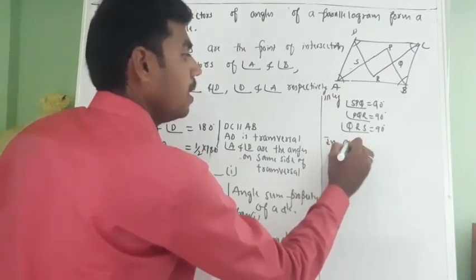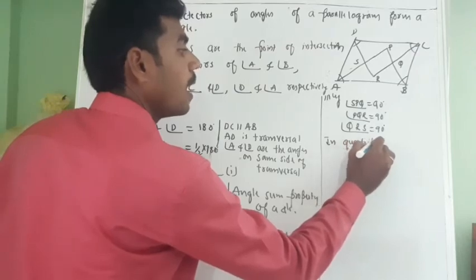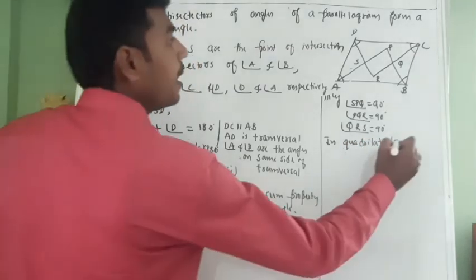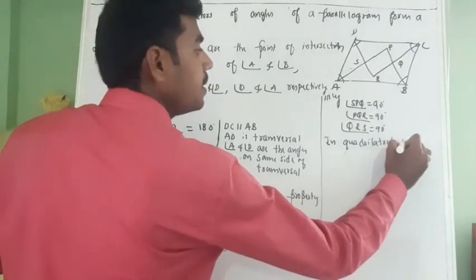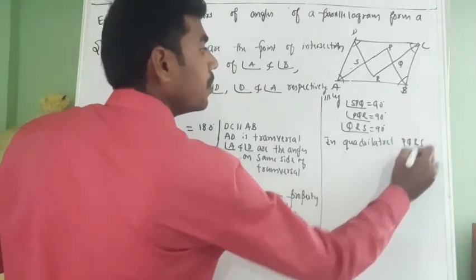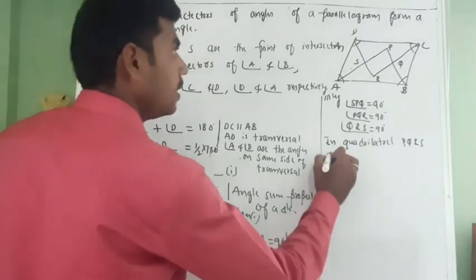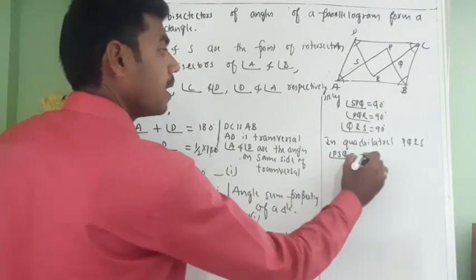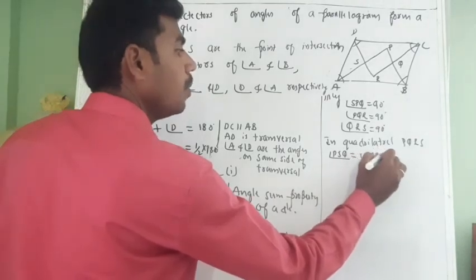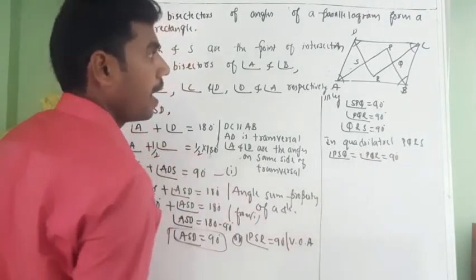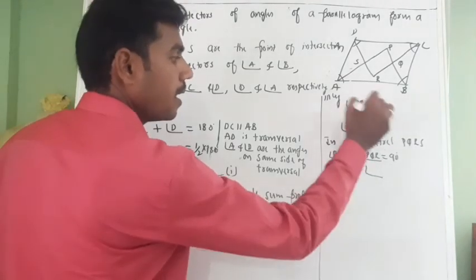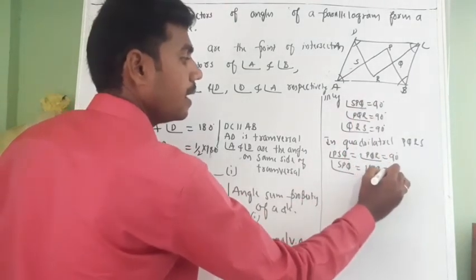In quadrilateral PQRS, angle PSR is equal to angle PQR is equal to 90 degrees, and angle SPQ is equal to angle SRQ is equal to 90 degrees.